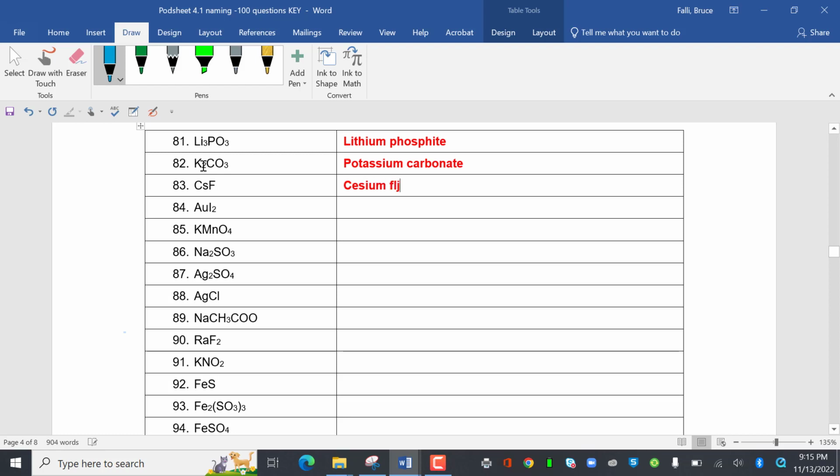Cesium fluoride, gold 2 iodide, potassium permanganate, and that one I think is supposed to be changed. Probably something else, I'm sorry, but that's what came out, this is not on the test, sorry.